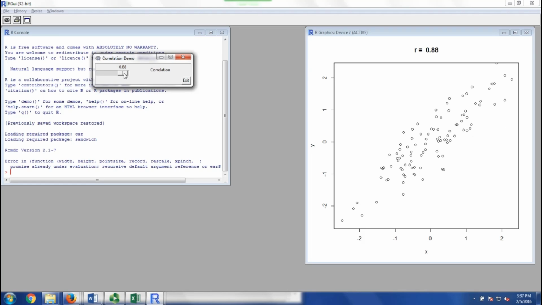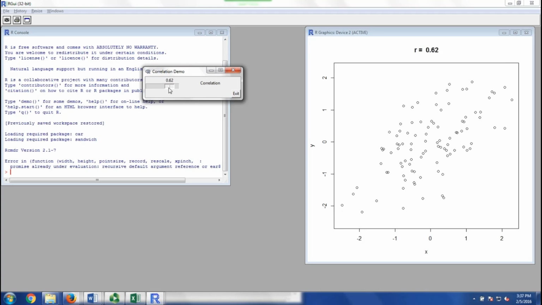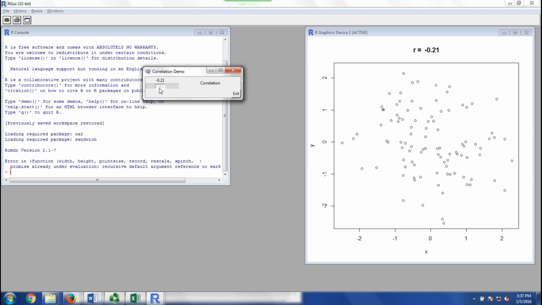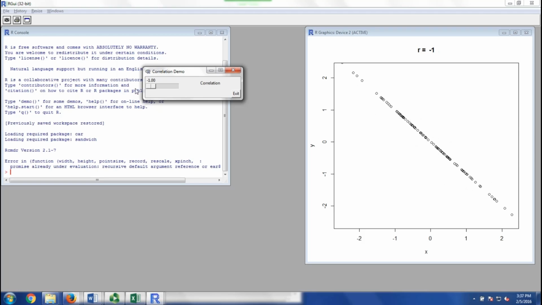So we have 0.88, and it keeps going up until every point is on a perfect line at R equals 1. If the correlation is 1, then all the dots in the scatter plot would be on a perfect line going up. Now go back down to 0, and as we approach negative, here I've got a large negative correlation. That means as x increases, y decreases. And I can keep going down to -1.